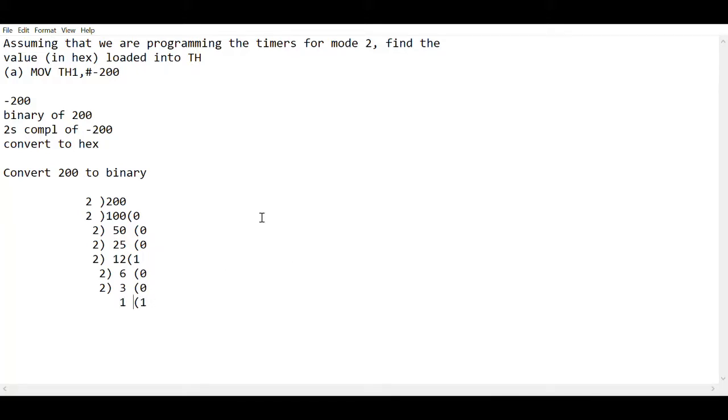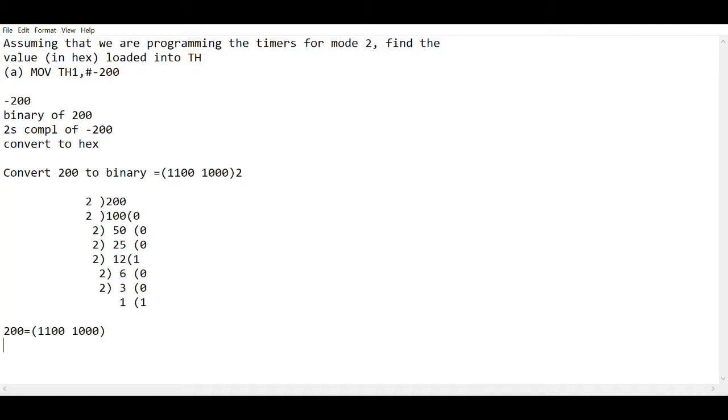So 200, the answer will be, from down to up, 1 1 0 0 1 0 0 0. So that is 200 to binary. So 200 to binary will be this.